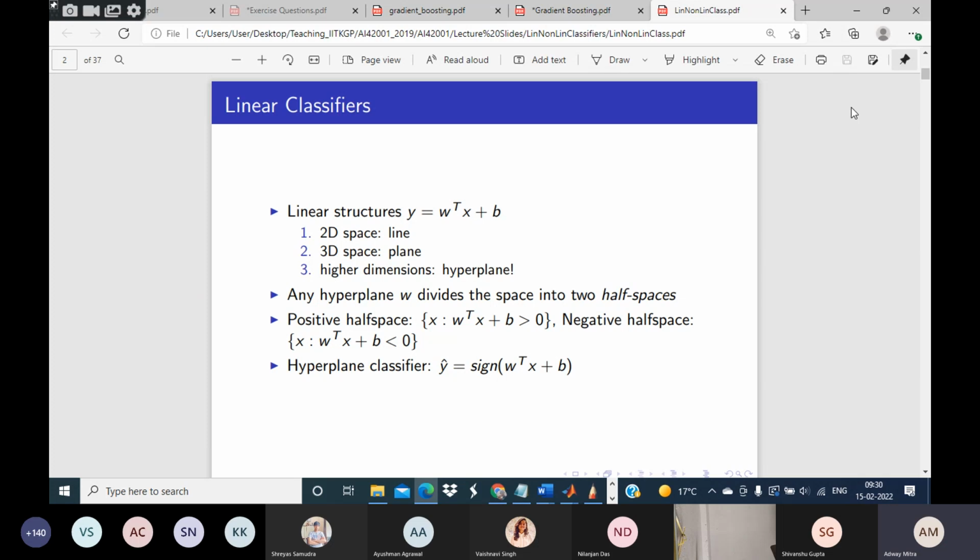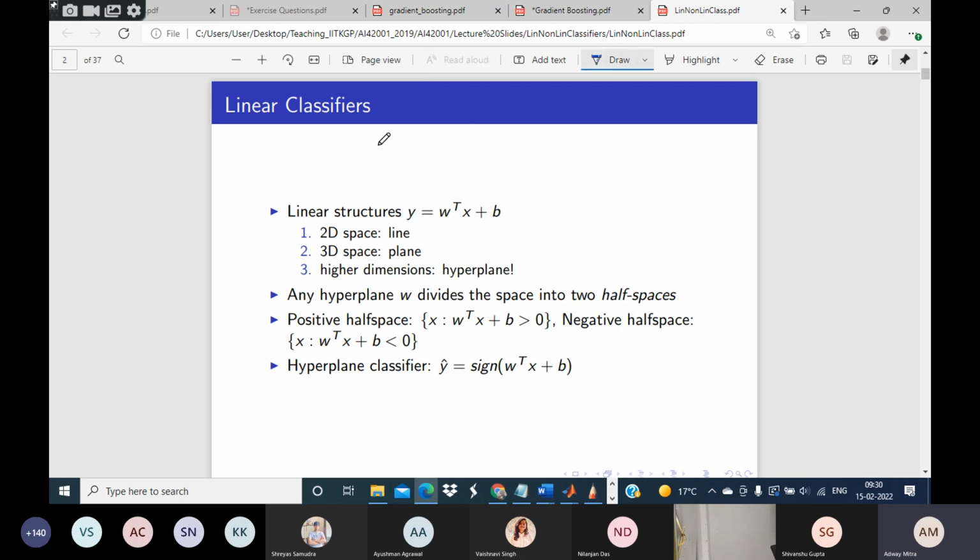Okay, so let us define the linear classifiers. Basically a linear classifier is some kind of a linear structure which divides the space into two half spaces. Now, which space are we talking about? We are talking about the feature space.